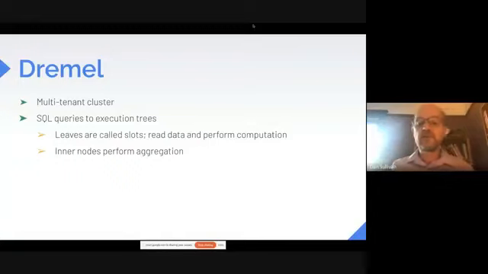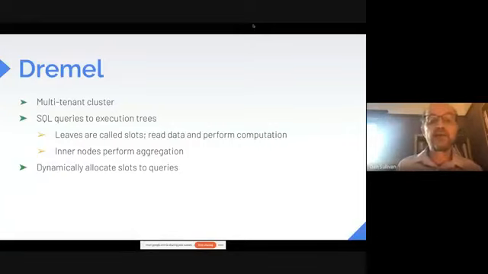So as you're doing some low-level processing, say you're grabbing a bunch of data across multiple rows, you might pick a particular column, and you might need to transform that column or do a calculation on it. That kind of thing is done at the slot level, at the leaf node. Then if you need to aggregate that and combine it with the results that other slots are producing, that work is performed in the inner nodes.